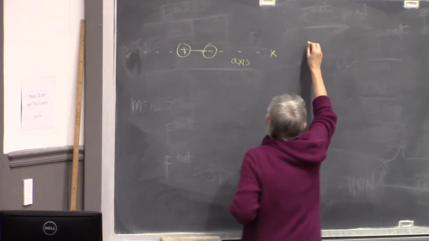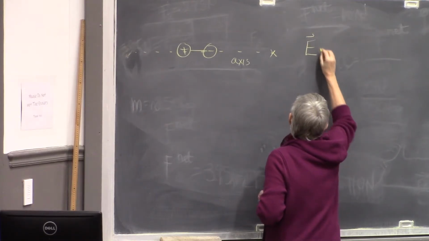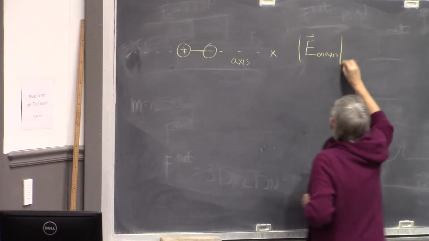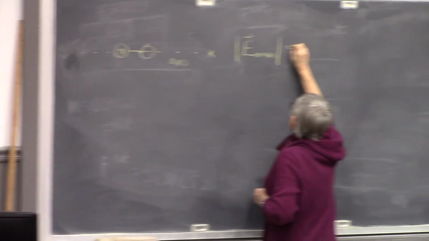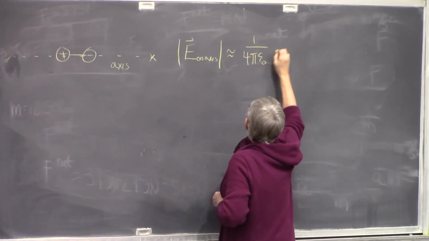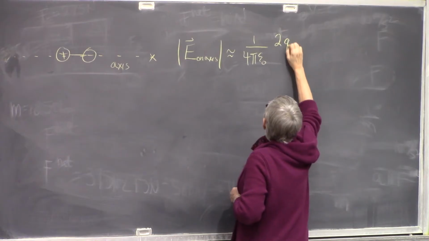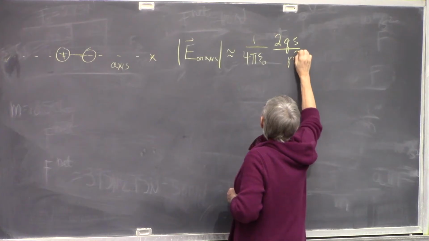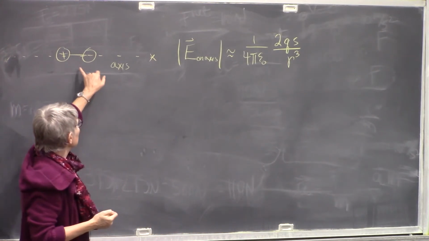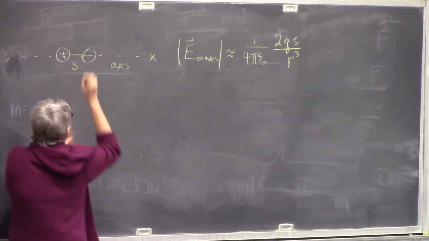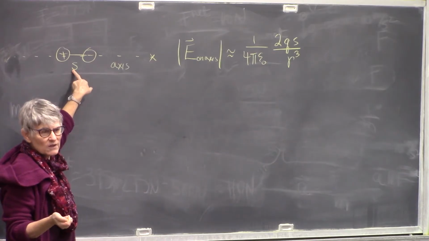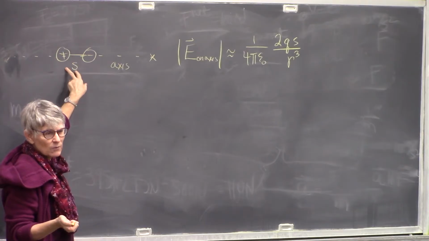we got an expression for the electric field that was 1 over 4 pi epsilon 0 times 2qs over r cubed, approximately, as long as we were significantly further away, the distance from the dipole being significantly more than the separation of the dipole.